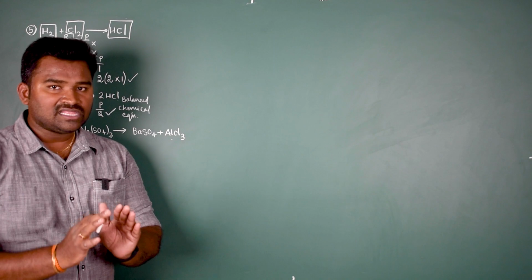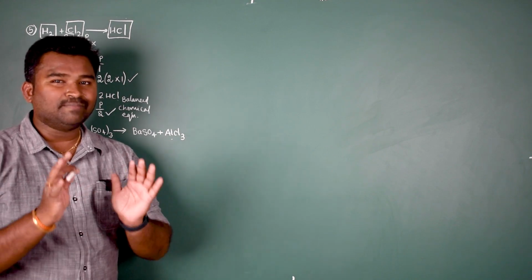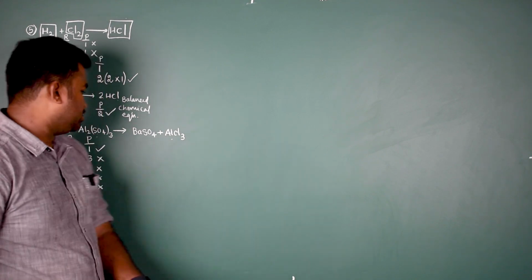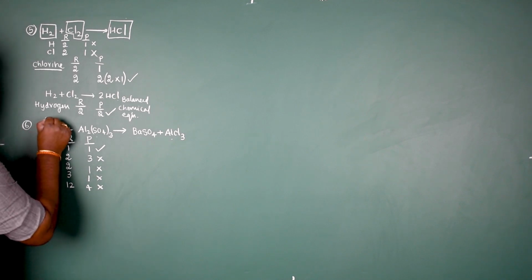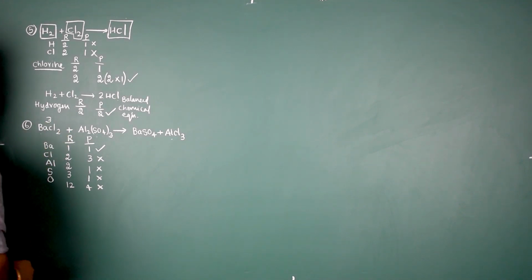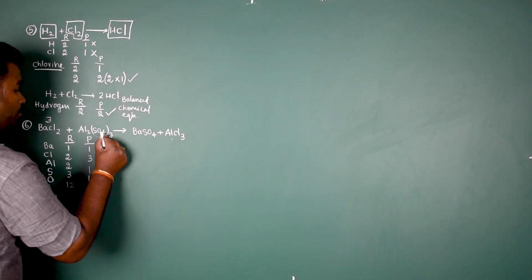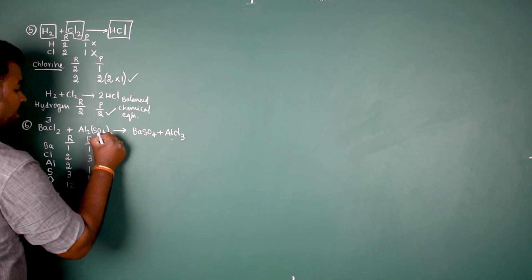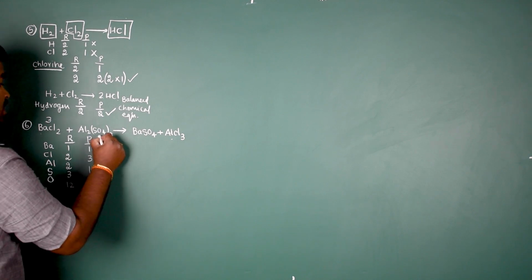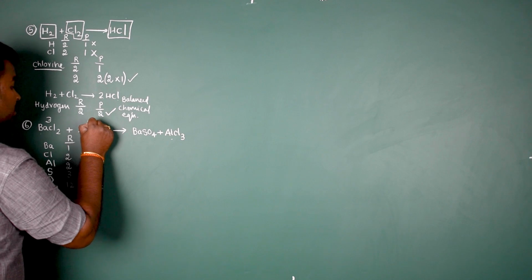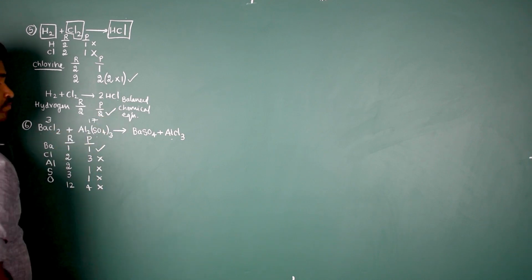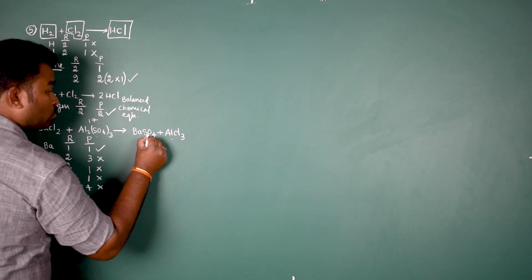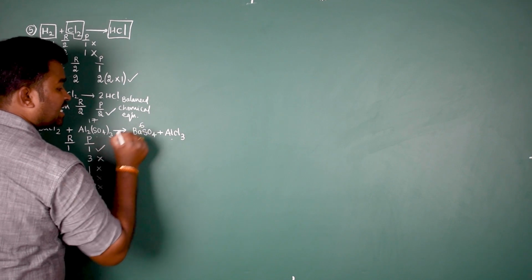Now in all the compounds, which compound has the maximum number of atoms is the question. So let's check here. There are 3 atoms. Here there are 4 plus 1, 5 atoms in the bracket. 5 3s are 15 atoms, 15 plus 2, total 17 atoms here. Whereas here 4 plus 1 plus 1, that is 6 atoms.